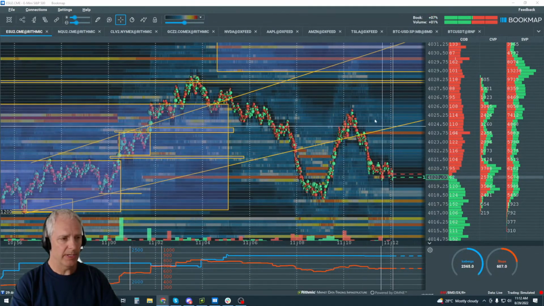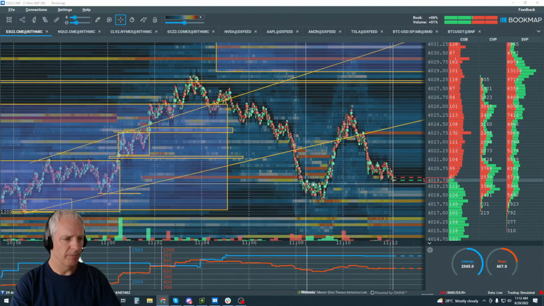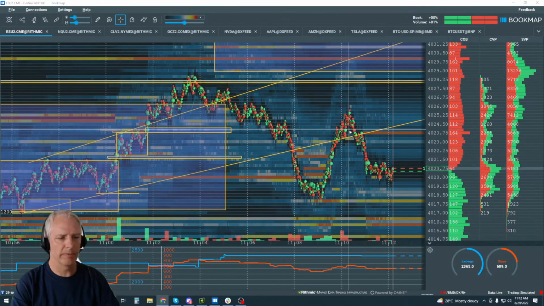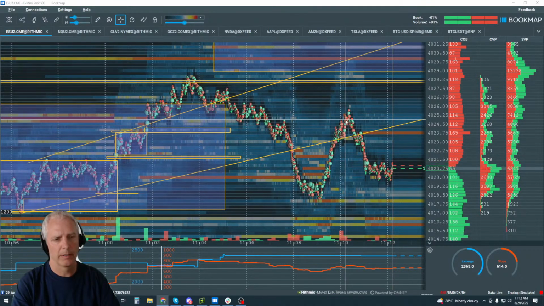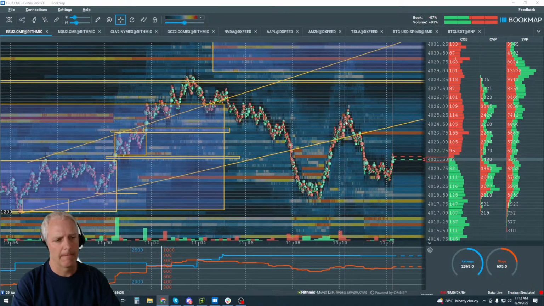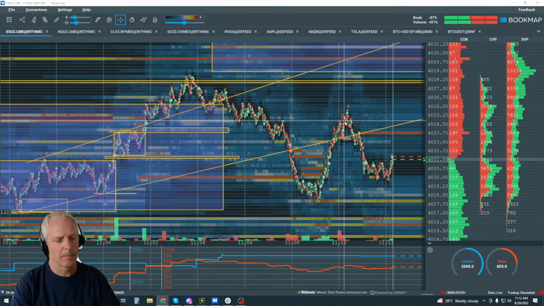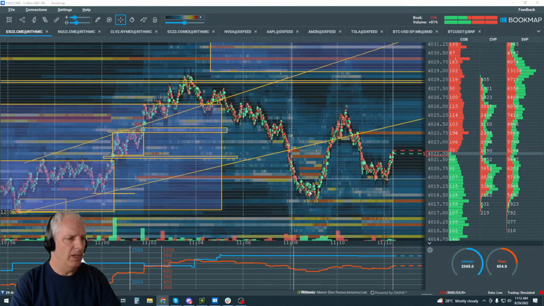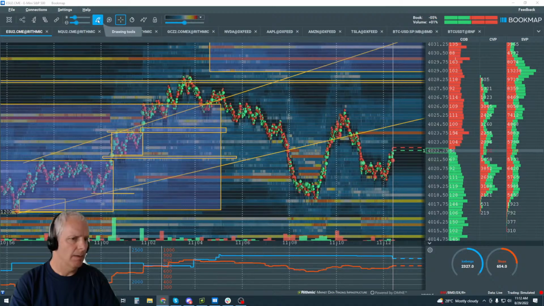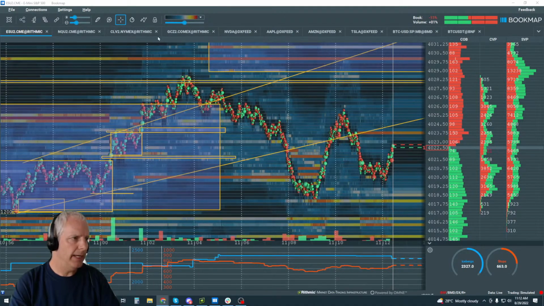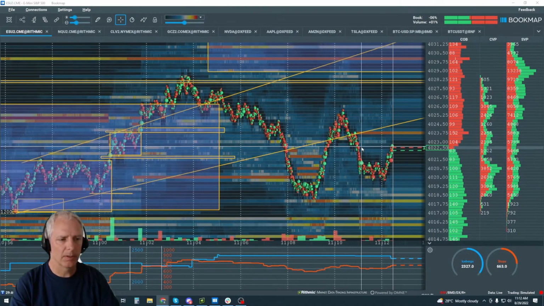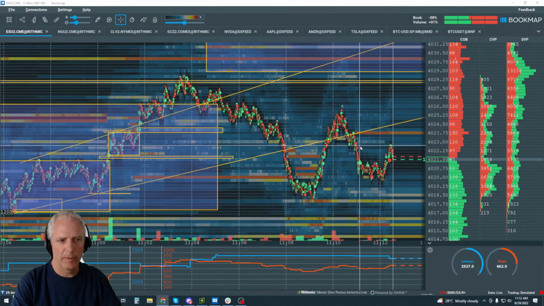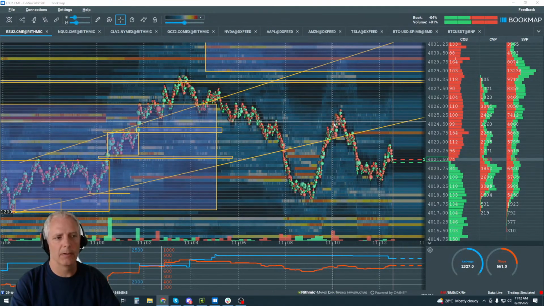Guys, this is it. In here, we couldn't determine who is in control, and it's still not determined here. One of the things about that: if you cannot determine who's in control and you see that scenario starting to play out, these can be really great range-bound strategies.